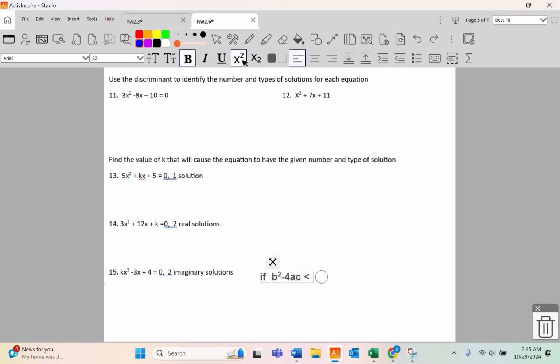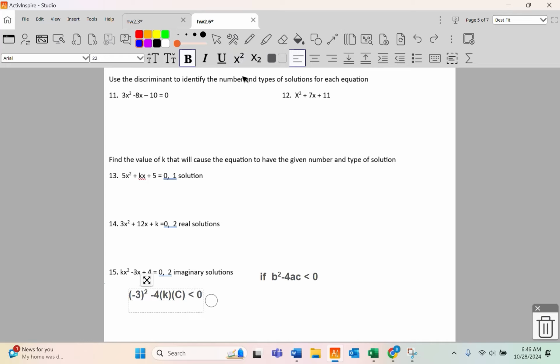That's how they happen. So here I have an a value of k. I have a b value of negative 3. So negative 3 squared minus 4 times a, which is k, times c, which is 4, is less than 0. And I just crank out some math.